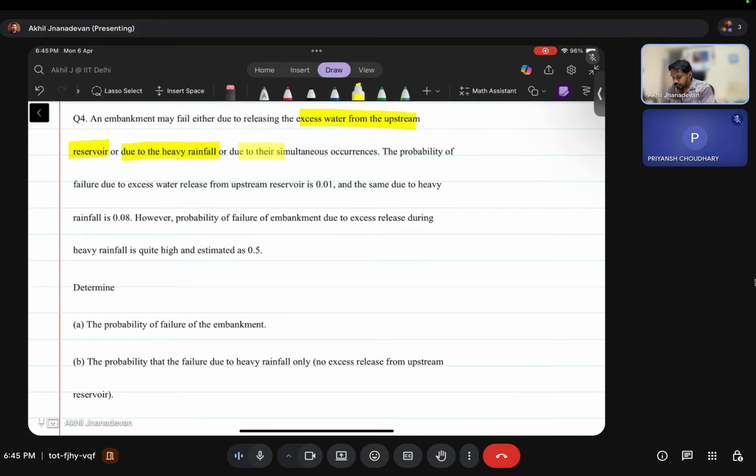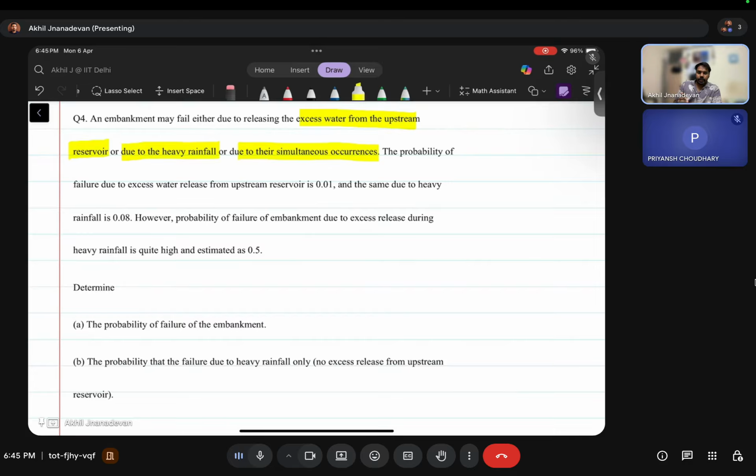Either the water in the reservoir has increased due to excess upstream water coming in. If there is another dam upstream of this particular dam, and there is some rainfall happening there, they open the upstream dam, so a large amount of water comes to the downstream dam.